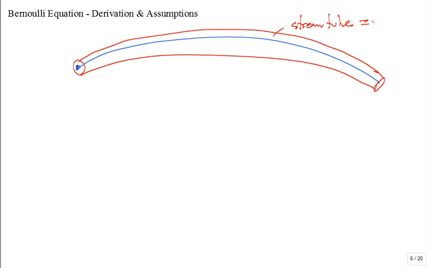Let the stream tube be my control volume and apply the conservation of mechanical energy to the control volume, where we have a number of assumptions. But we'd have W dot shaft coming in equal to the mass flow rate times the change in PV plus the change in KE plus the change in PE. True?